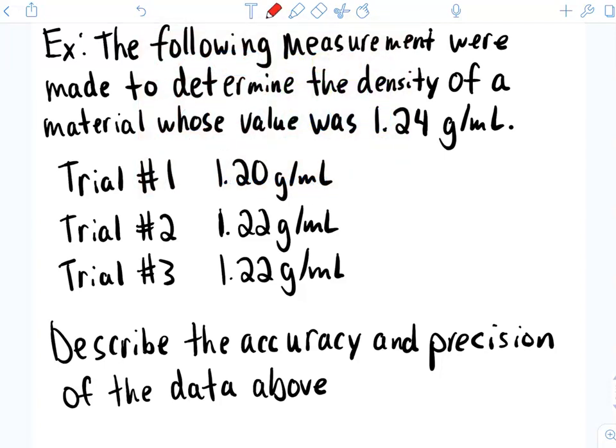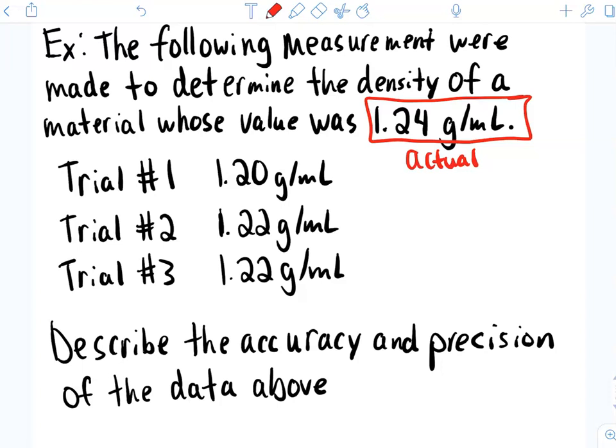I trust that you have paused the video and that you are now coming back to see if you had this correct or not. First things first, we have to figure out what our actual or accepted value is. And in this case, it is the 1.24. Now, when I'm thinking about accuracy, I want to see if my numbers are close to this 1.24.